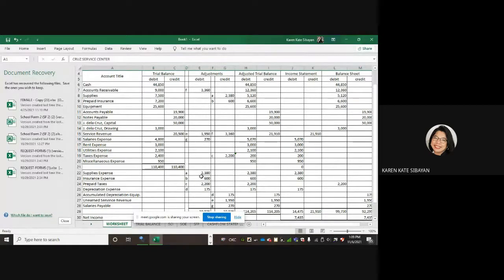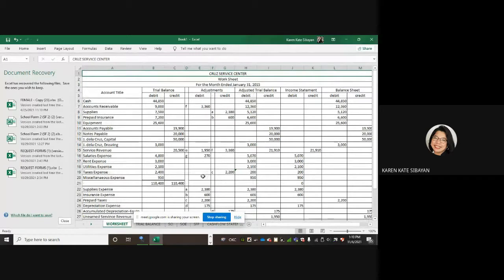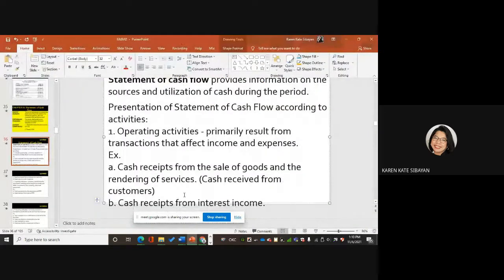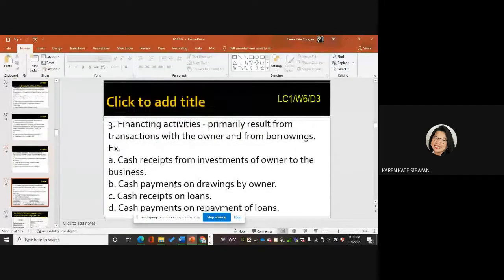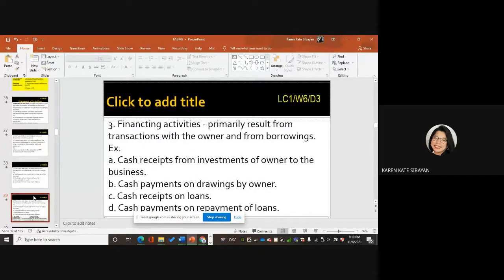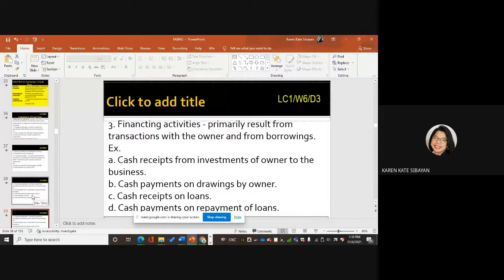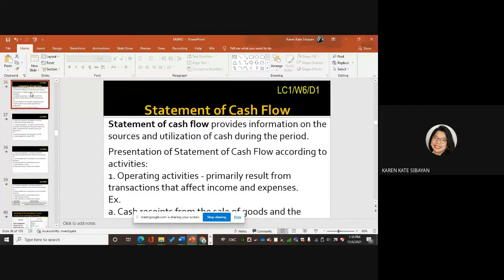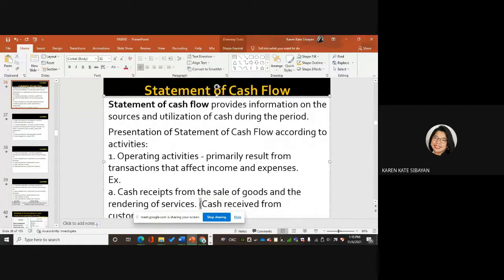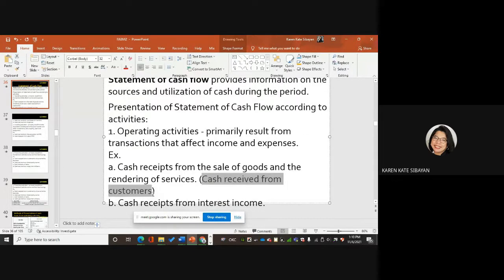You need to look here, okay? Because it's like you're looking at the summary, class, but behind that is the T account, where the only concern is cash, the movement of your cash. Second, if you think there was cash received or cash moved, it's either he earned income, then you should have the words cash received from customers.